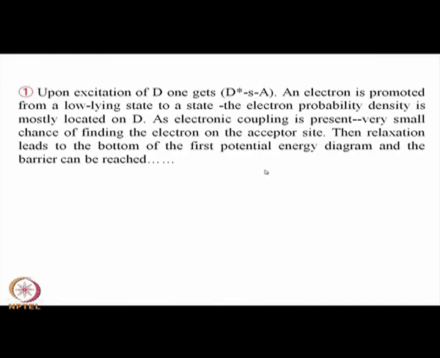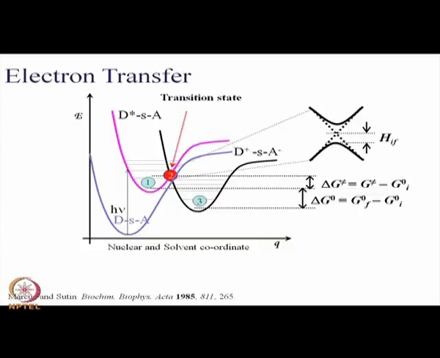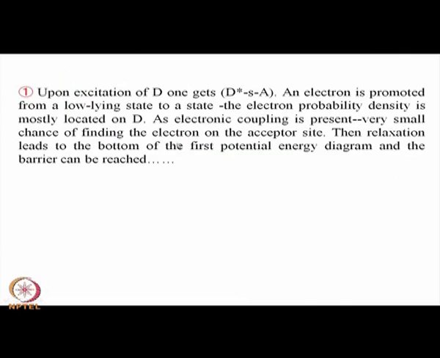Upon excitation of D, one gets D star S A, and the electron is promoted from a low lying state, from here to here. As electronic coupling is present, there is a very small chance of finding the electron on the acceptor side.